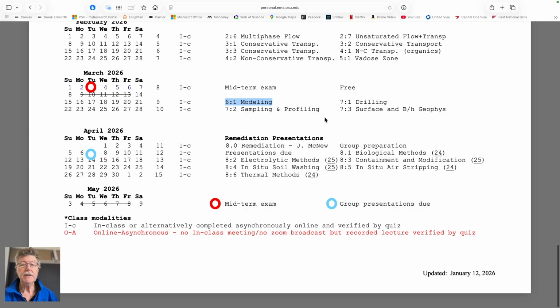So the 2 things we really have to cover are modeling, to be able to do more sophisticated things than we've talked about in our back-of-the-envelope calculations for advection dispersion, which we perhaps understand the physical background for, and also sampling and drilling to be able to see what the subsurface looks like. I'm just turning my pad on. Yeah, now it works. So that's where we are.